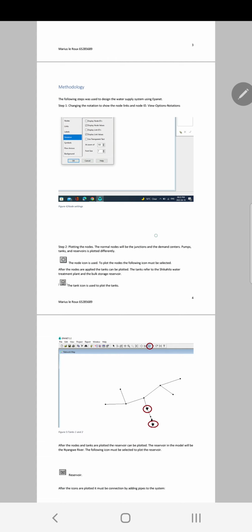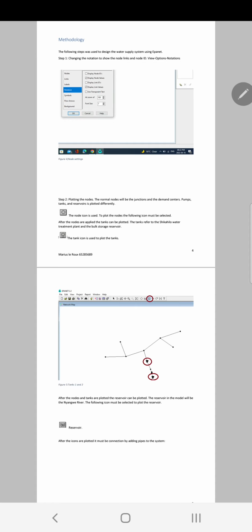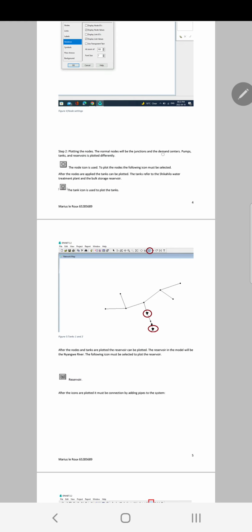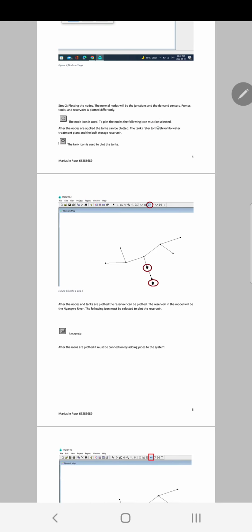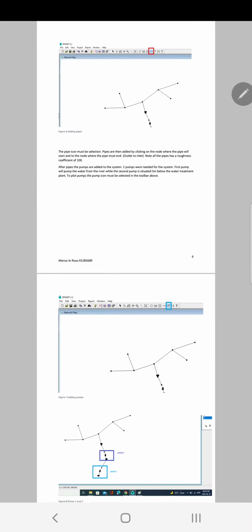For the method that we followed, we first adjusted our notation in EPANET, displaying the node values and the link values. From there we started by adding the nodes as mentioned in the project report, running step by step through each step, adding the pipes.